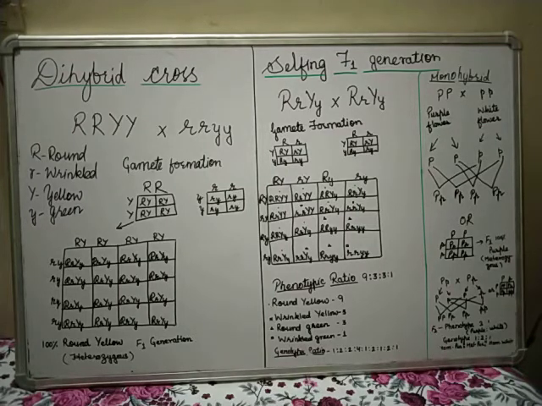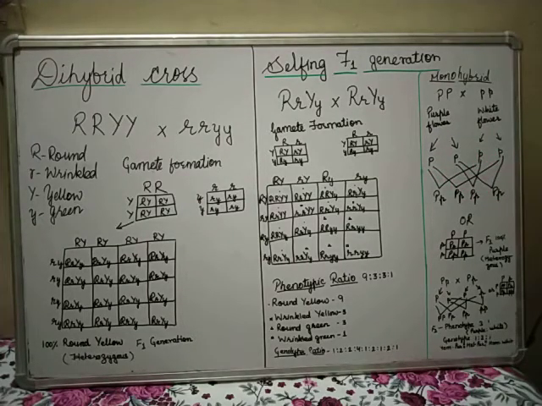As I showed you, here the gamete formation is direct since only two genes are there: 2 capital P are responsible for the purple color and 2 small p are responsible for the white color. So directly the gametes can be formed and the crossing can be done.